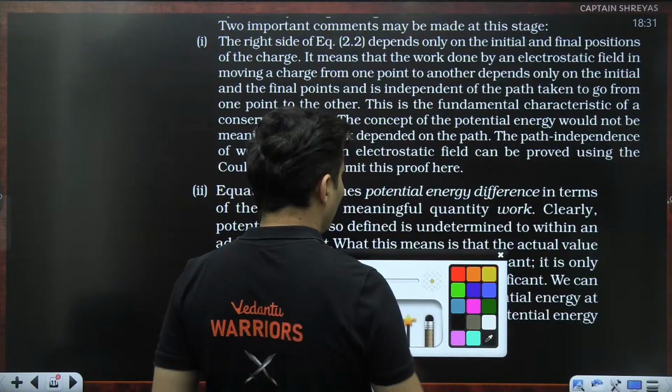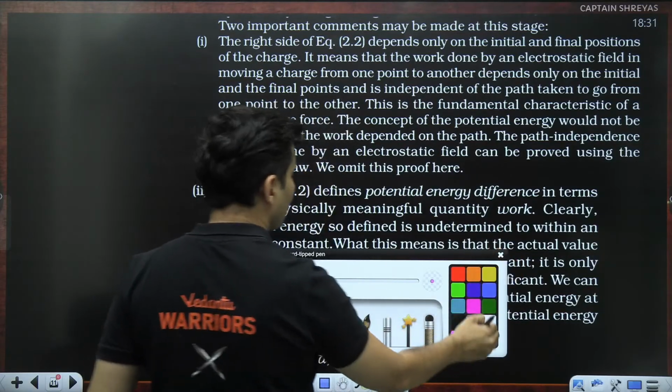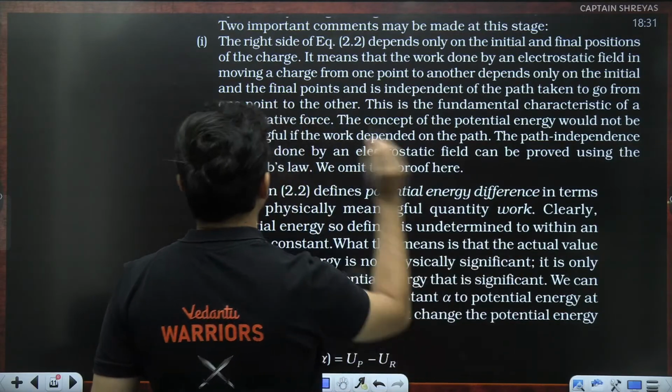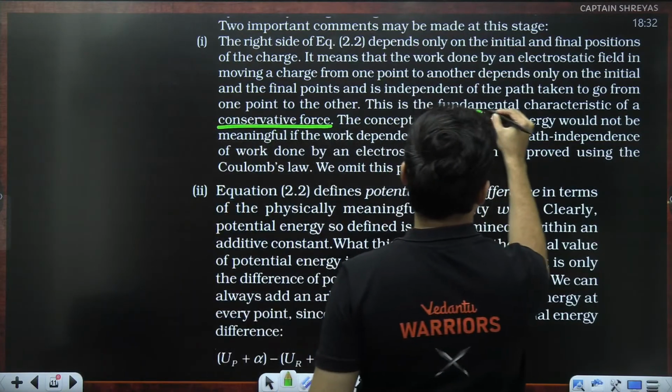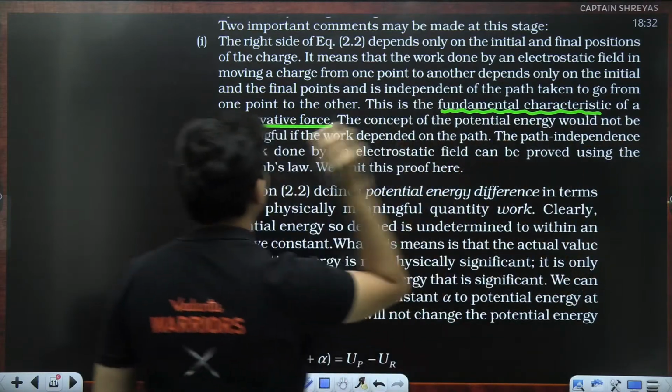So what is the most important thing over here? Observe this carefully. They talk about conservative forces. About a conservative force, there is a very important fundamental characteristic. And what is that characteristic?